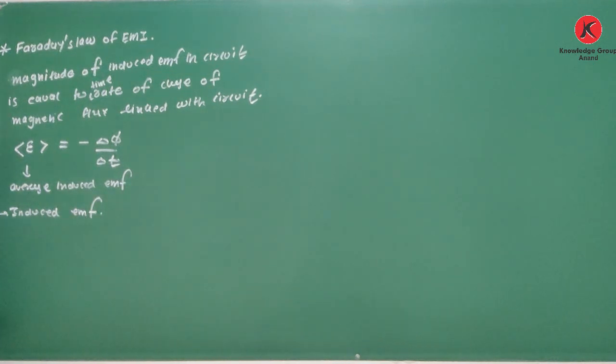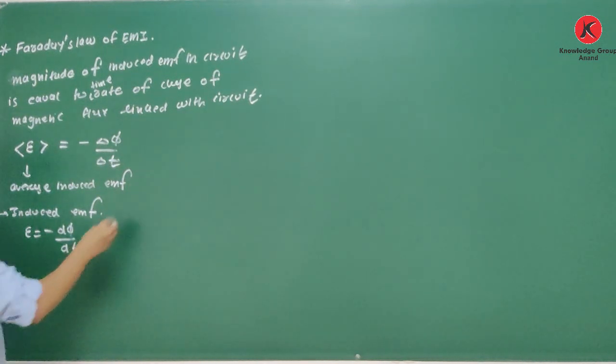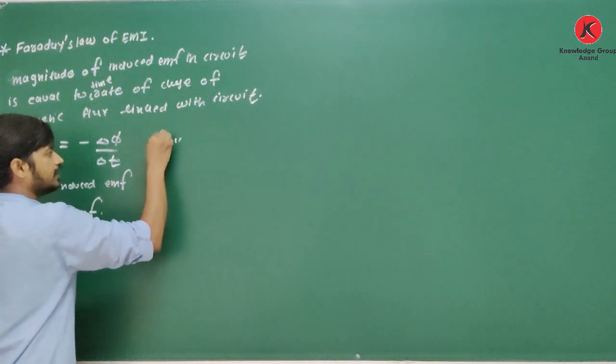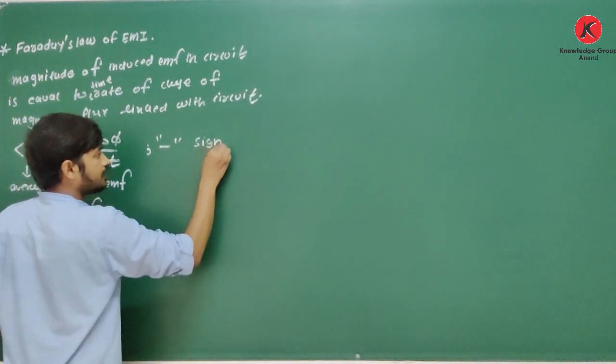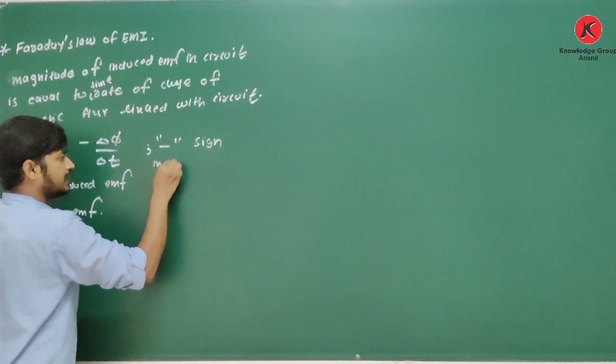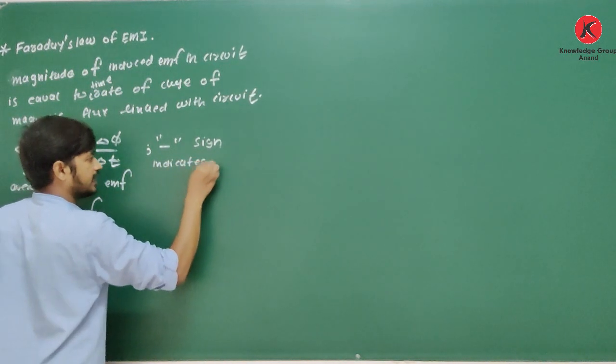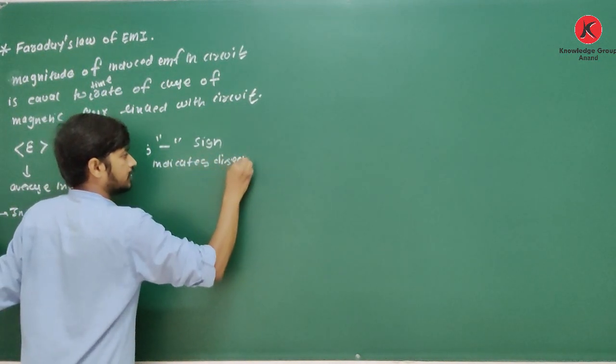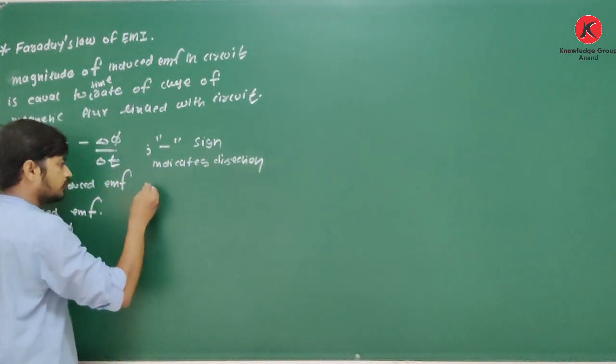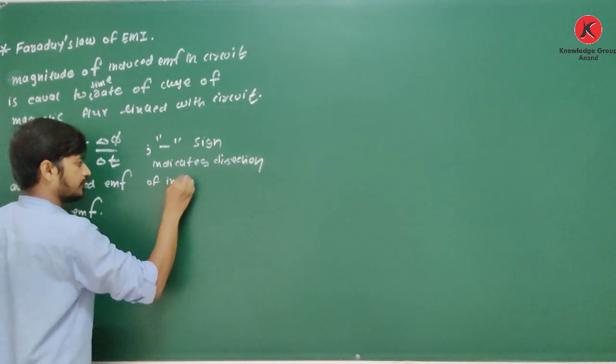What is instantaneous EMF or only induced EMF? Induced EMF E is equal to minus d phi upon dt, where the negative sign indicates the direction of induced EMF.